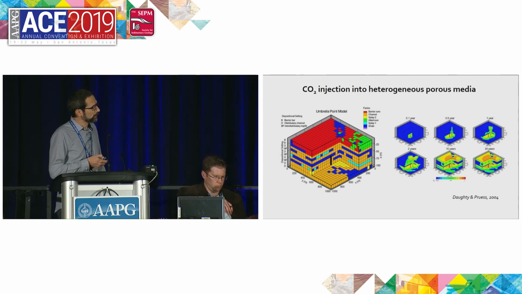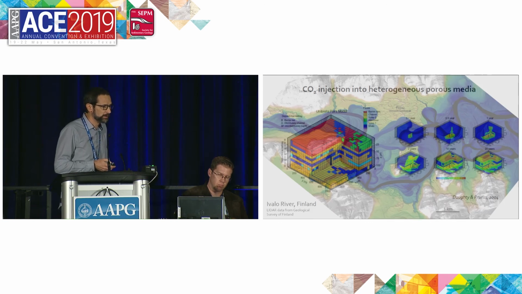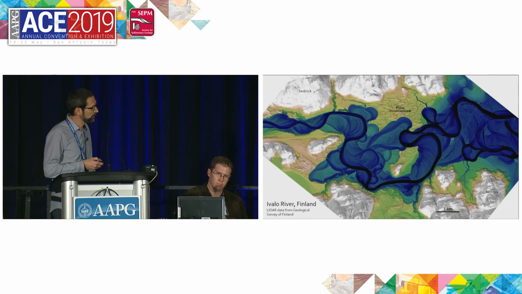And to state the obvious, nowadays we know how to build better looking, more realistic models. And that's what I'm going to talk about for the remaining time of my talk.